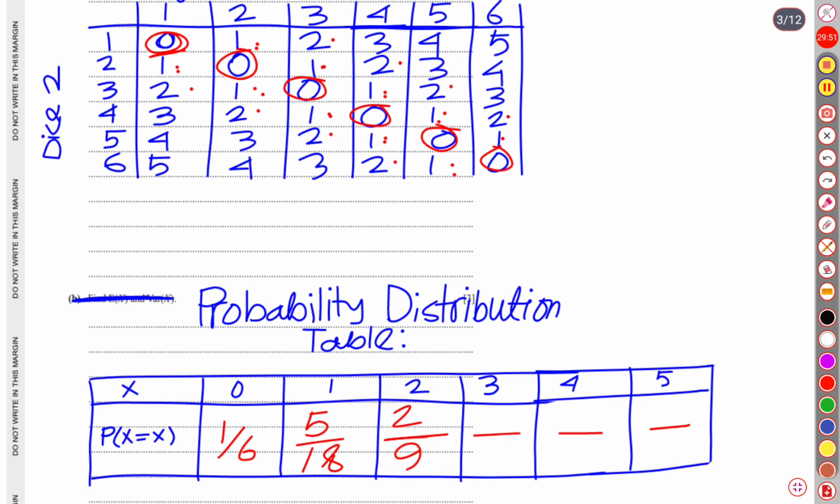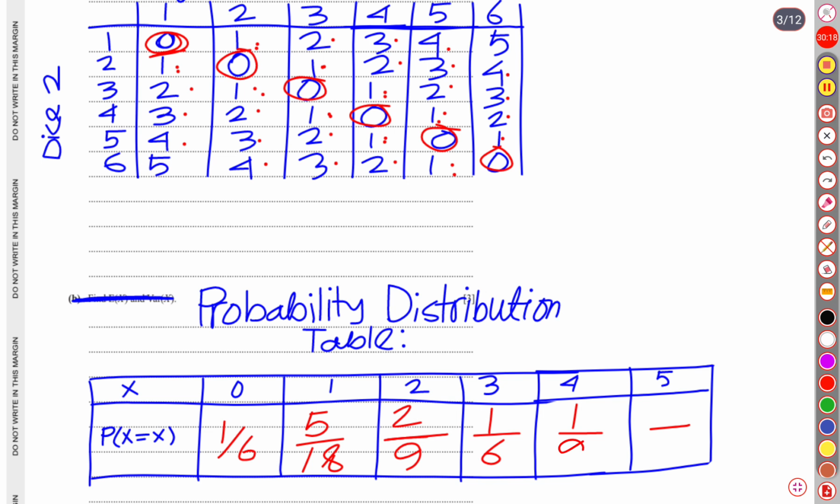Then how many 3s are there? 1, 2, 3, 4, 5, 6. So it is 1 over 6. Then how many 4s are there? 1, 2, then 3 and 4. 4 4s are there. So it will be 1 over 9.